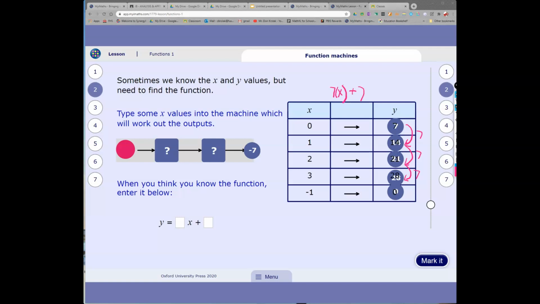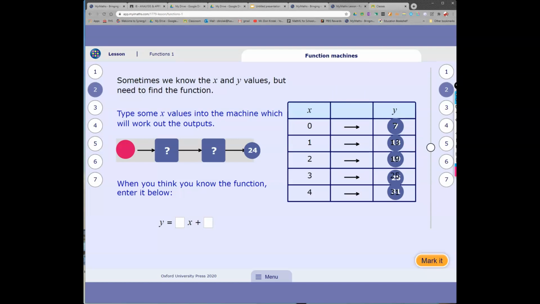If I took 1 and multiplied it by 7, added 7, I get 14. 2 times 7, 21, add 7, 28. Negative 1 times 7, negative 7 plus 7 is 0. So our rule here is 7x plus 7.